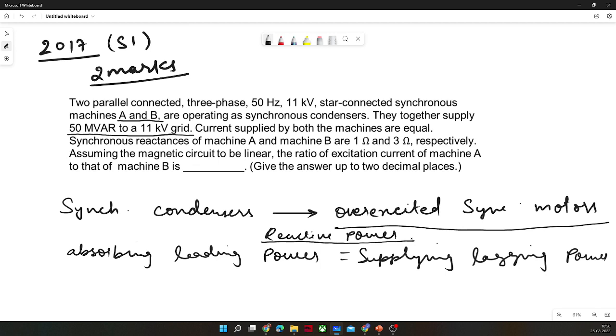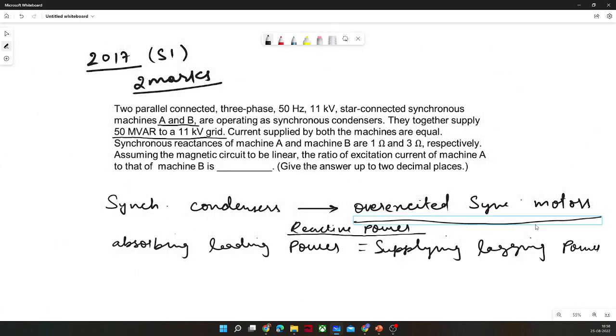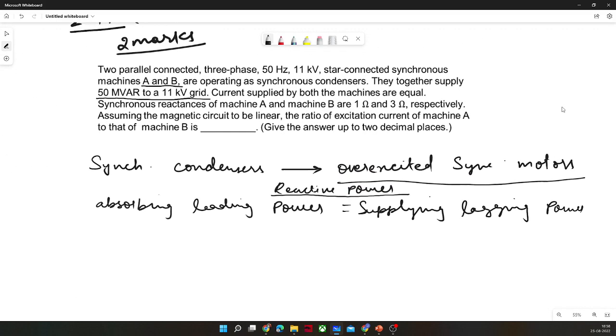So that's why one machine is overexcited. It is supplying lagging reactive power to the grid. From the bus, it will go to the other, underexcited motor. So, you can fix this terminology in your mind. Got it, sir, thanks.